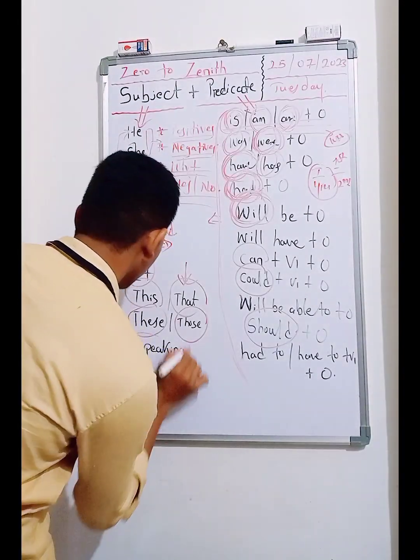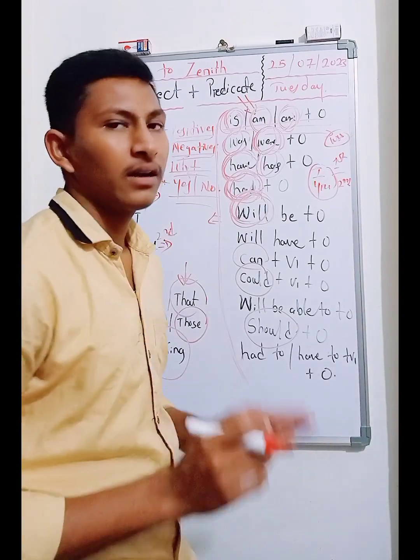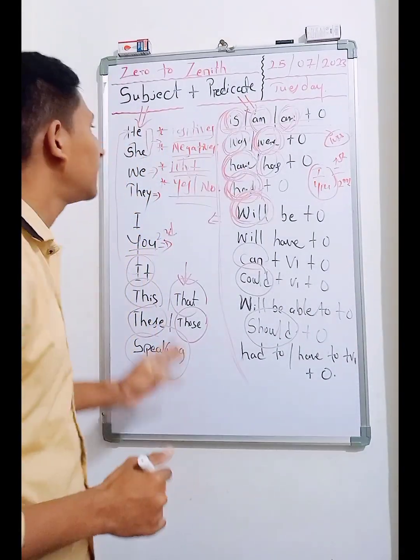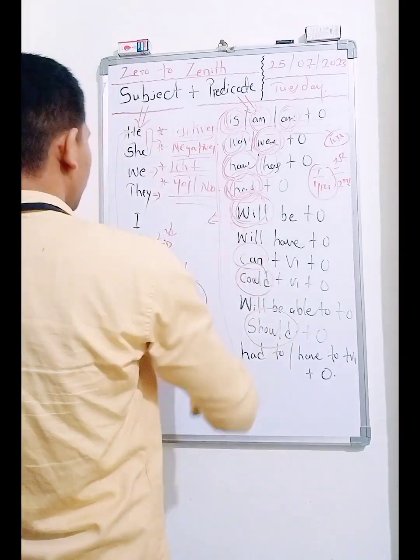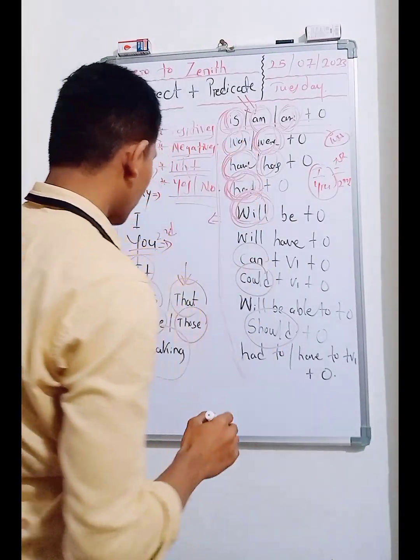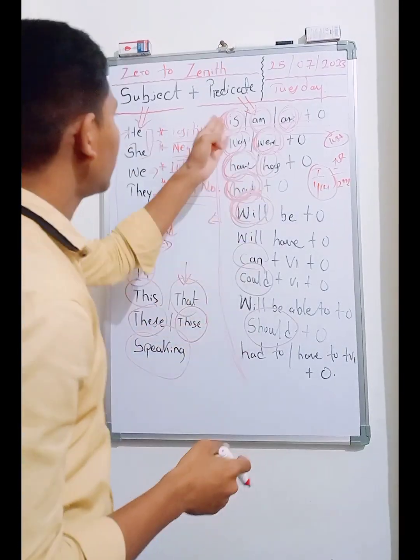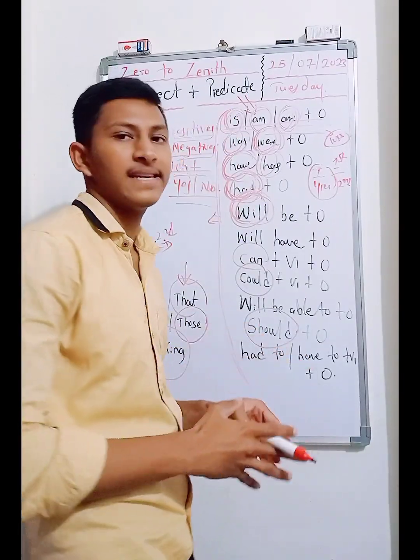So the last one is speaking. This is the gerund form, gerund noun. Speaking English is good. Good is an adjective here.